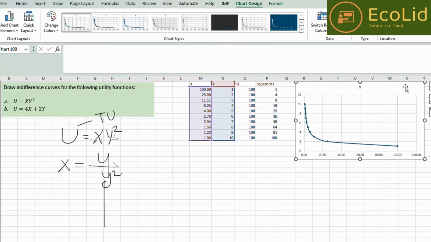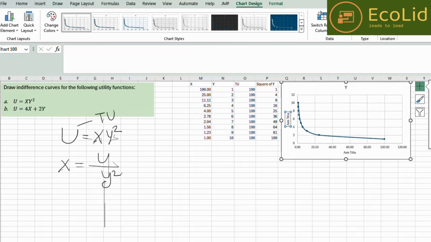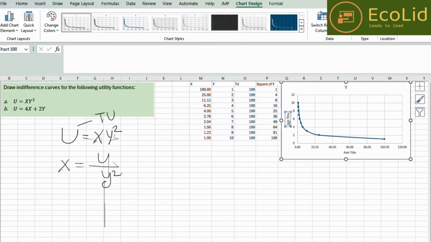We will add one more component in this chart: if you click on the plus button, you will get a window. There you will select the axis title and name the axis. On the y-axis we have measured commodity y, and on the x-axis we have measured commodity x. So we have named accordingly.